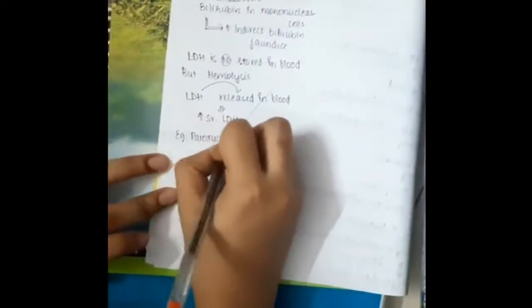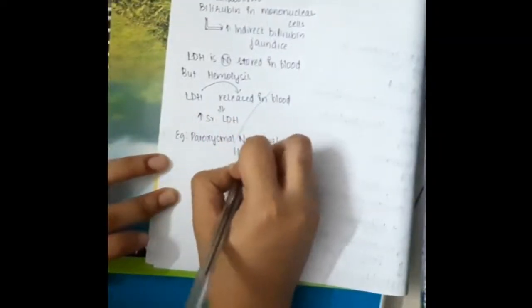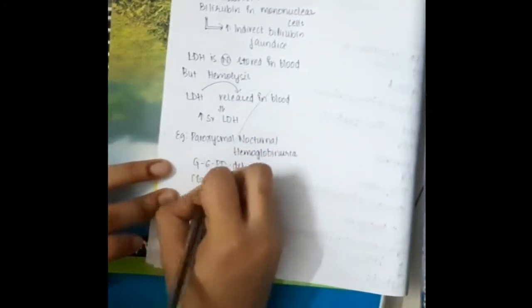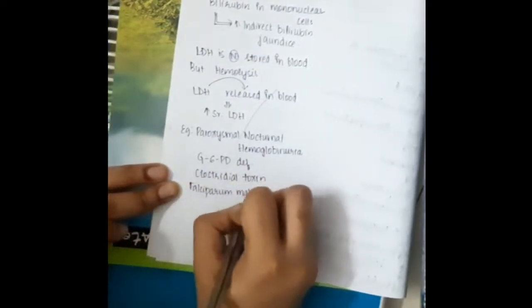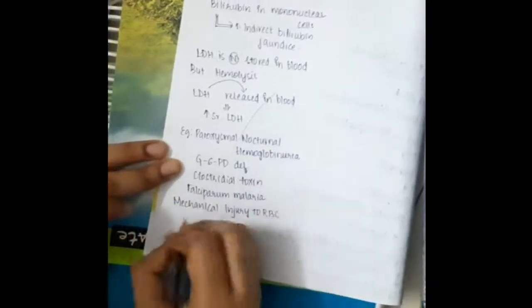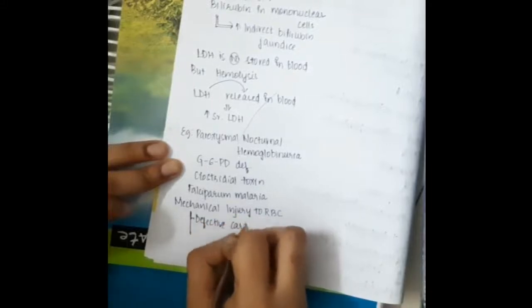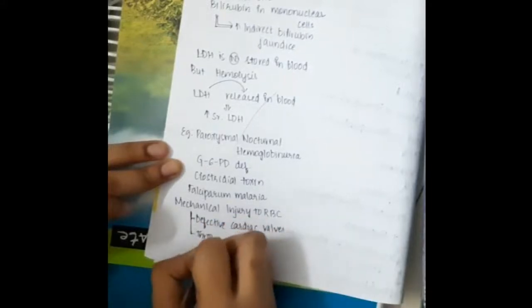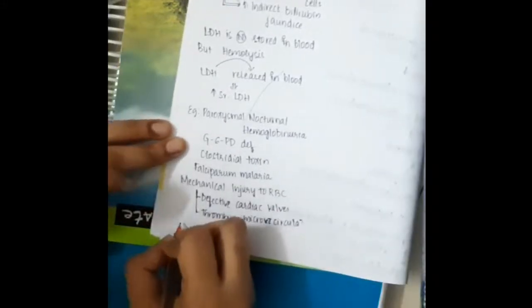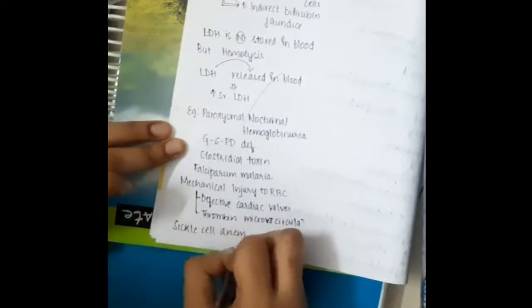The examples of intravascular hemolysis include paroxysmal nocturnal hemoglobinuria, G6PD deficiency, Clostridial toxin, falciparum malaria, or mechanical injury to RBC, which includes defective cardiac valves or thrombi in the microcirculation, and it also includes sickle cell anemia.